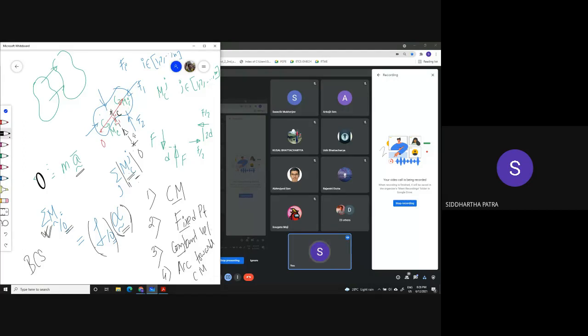So that's the idea. If you're actually talking about the moment, then if there is just a couple, then it's the moment due to the couple. It's the same value. It doesn't matter whether you calculate with respect to the center of mass or the pivot point. So you can use the same expression.